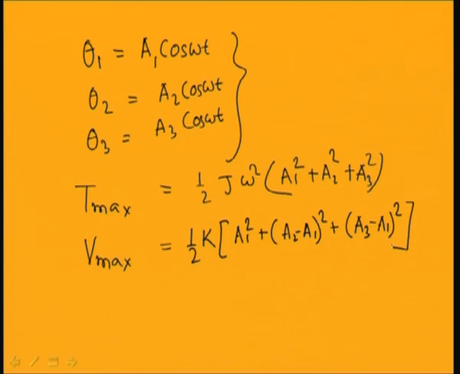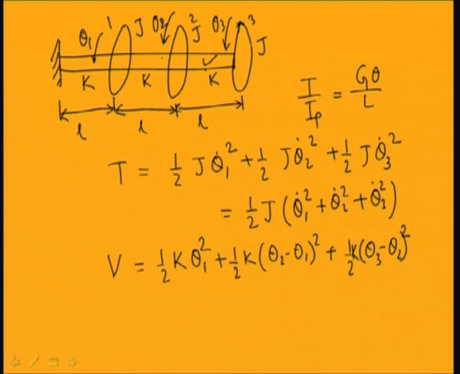In this case we can assume A1, A2, A3 in this ratio. So I can assume A1 equal to 1, A2 equal to 2 and A3 equal to 3. In this rotor, when it is rotating, the free end will have more rotation than this, and this will have the least rotation.